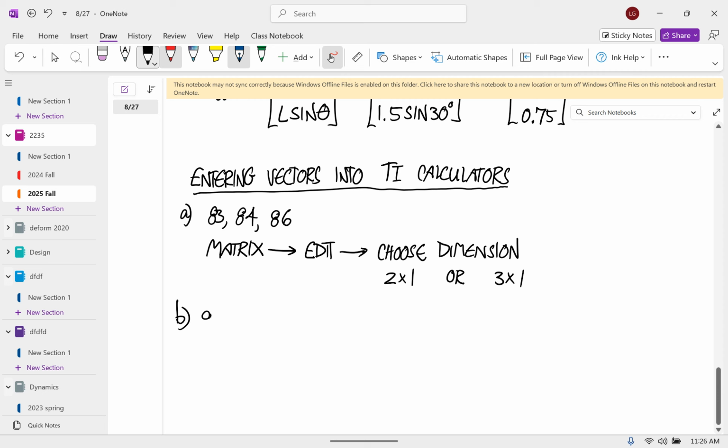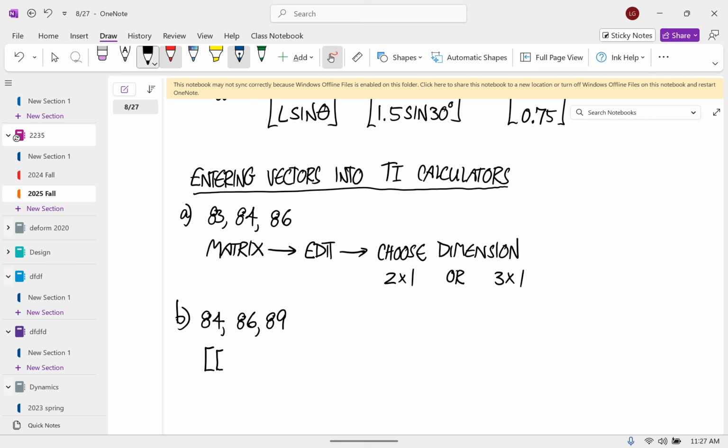If you have an 84, an 86, or an 89, you can also enter your vectors as a square bracket, and then square brackets for each row in the vertical matrix.